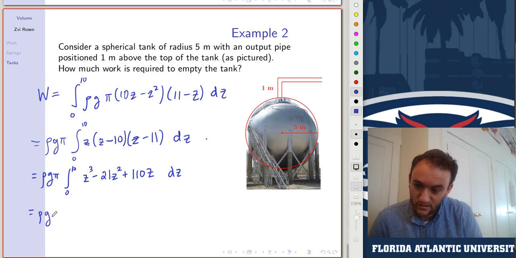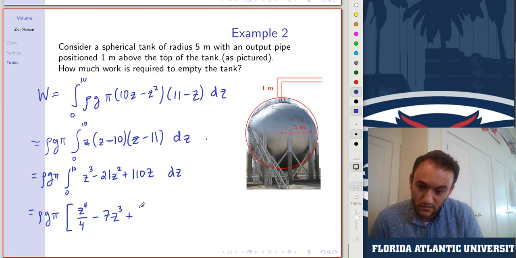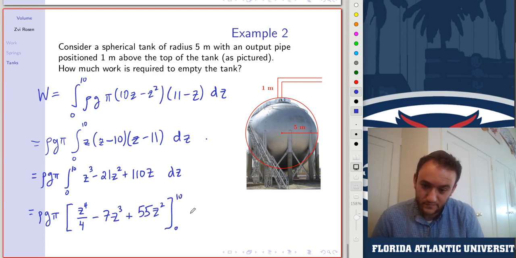Continuing on, rho g pi times, taking antiderivatives, z to the fourth over 4 minus 7z cubed plus 55z squared, evaluated from 0 to 10.